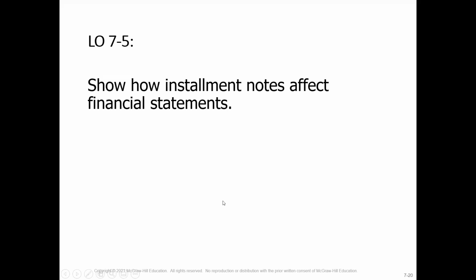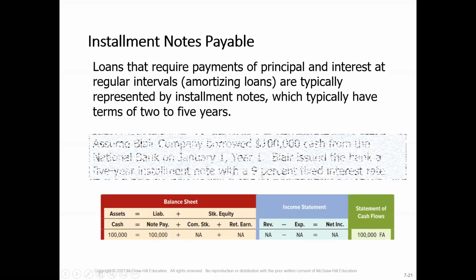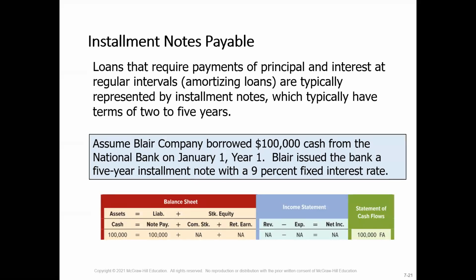That is Exhibit 7.3 on page 254. So, how installment notes affect financial statements. Our first event is going to be the borrowing of $100,000 at 9% interest, due within 5 years.